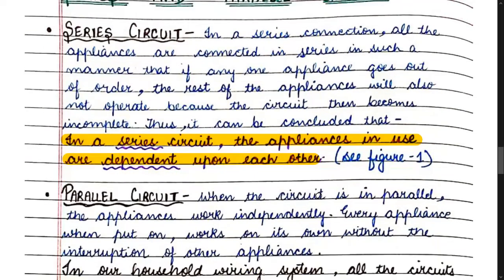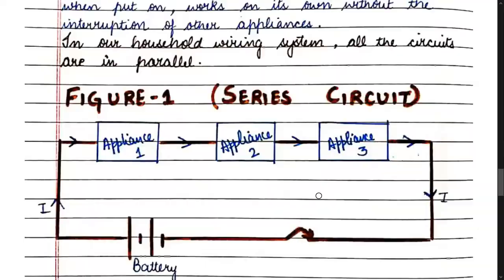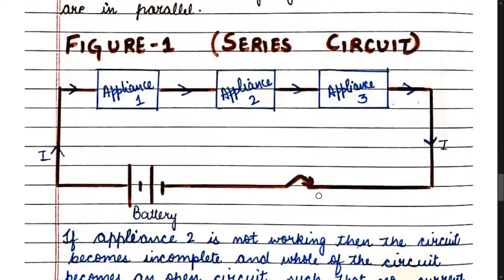So let us understand series circuit by seeing figure number 1. In figure number 1, I have drawn a battery and you can see a closed switch. Since the switch is closed, the electric current will flow from positive terminal to negative terminal of the battery.